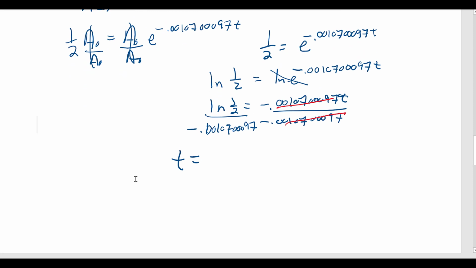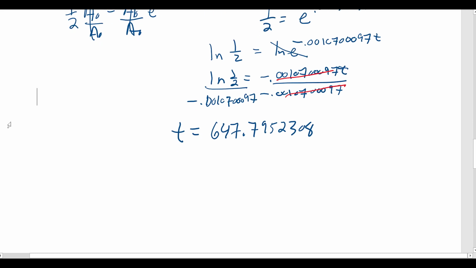I took that value and copied it into this space. So I get time is 647.7952308. And there's probably some round off error there somewhere. It's a little bit slightly different in the answer online, but this is still close enough. So that's our half-life.